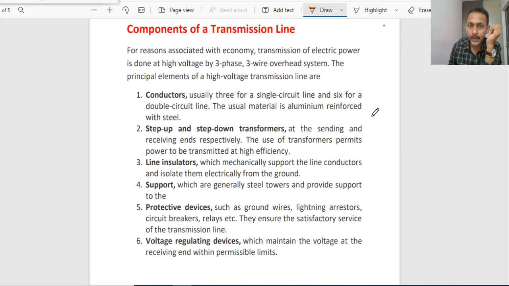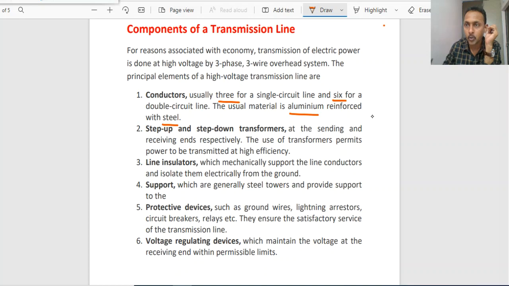Those conductors are made up of, most of the time, aluminium, reinforced with steel. If it is a single circuit, generally we have 3 conductors for a single circuit line, and if it is a double circuit line, we have 6 conductors.